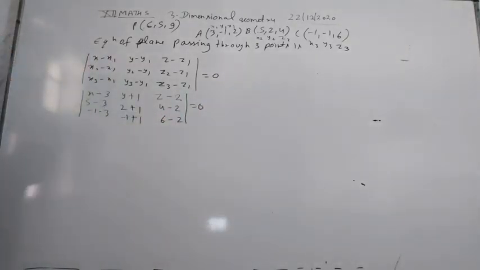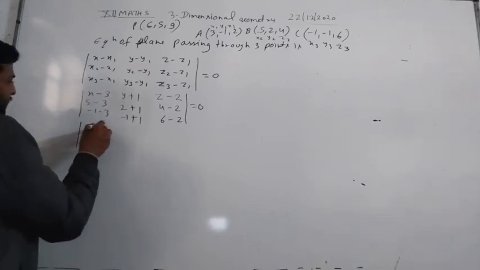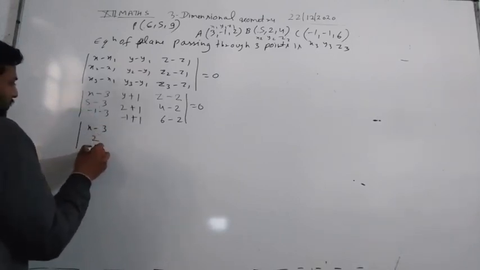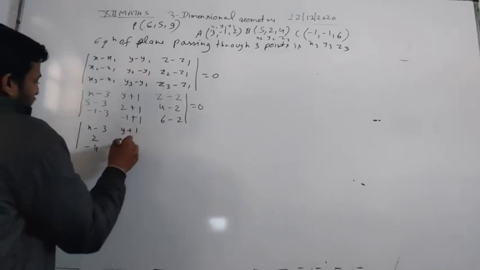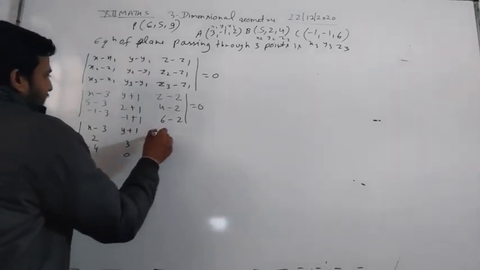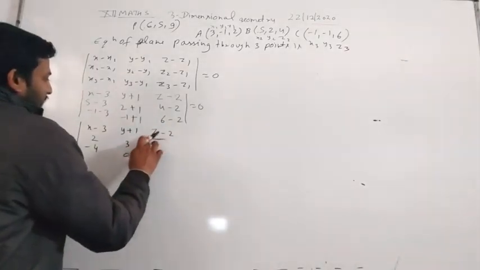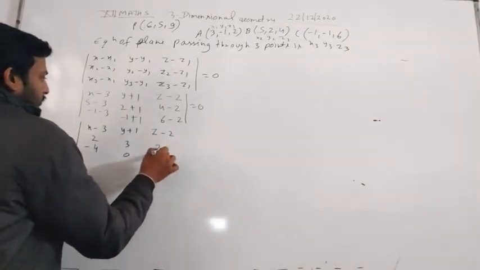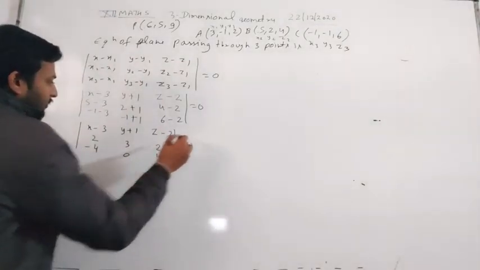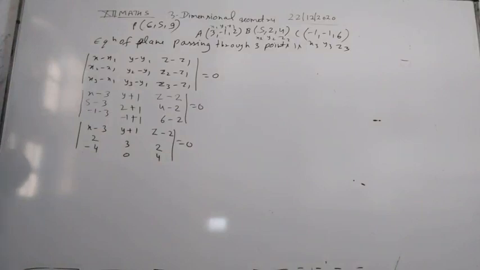Now the equation of the plane is the determinant with rows x minus 3, y plus 1, z minus 2; 2, 3, 2; minus 4, 0, 6, equal to 0. Okay student.